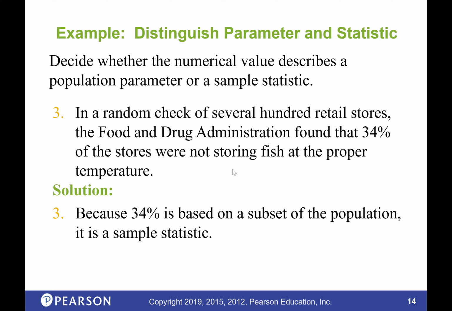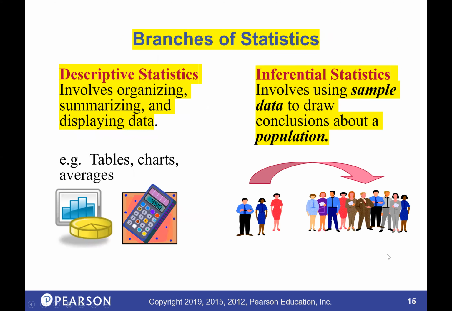One other big distinction in statistics is this whole concept right here. Here are the two branches of statistics we're going to be doing. Something called descriptive statistics, where we are just trying to organize the data, summarize the data, and display the data.